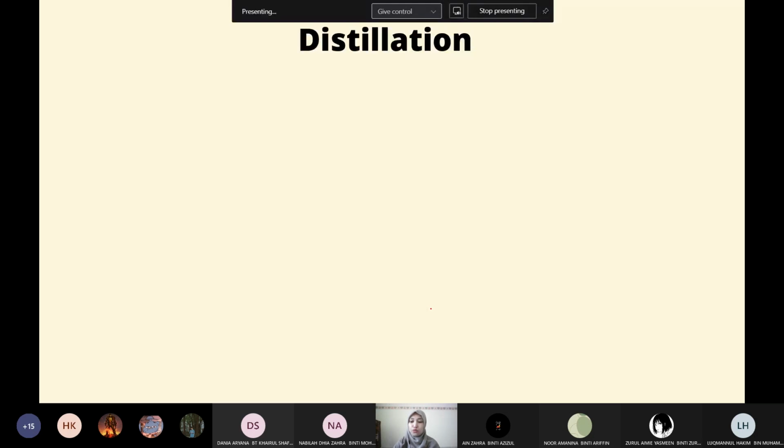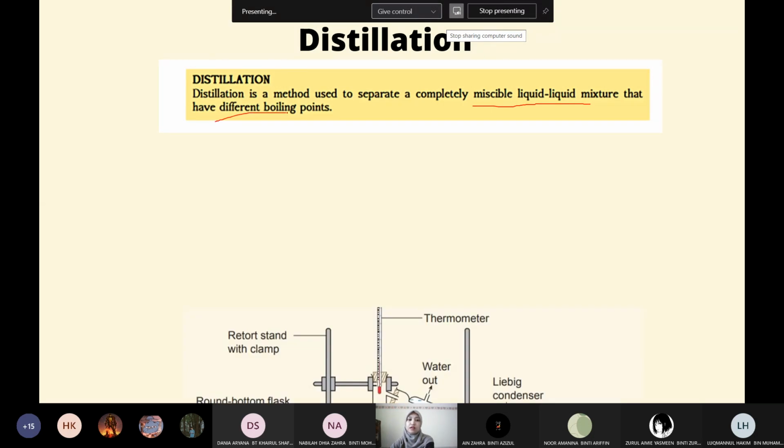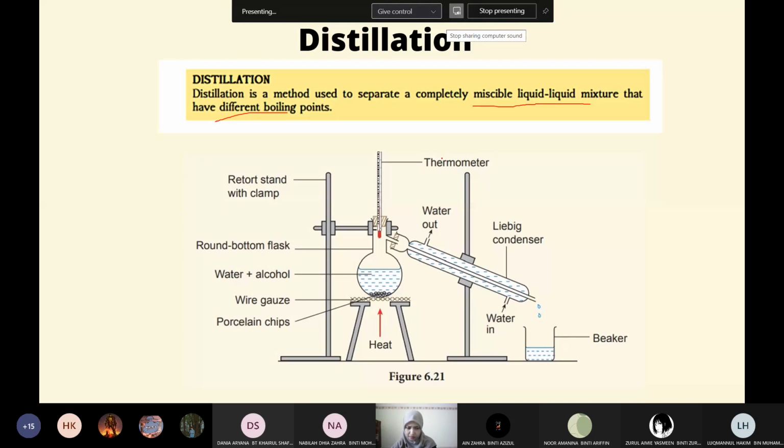Okay, distillation. So what is distillation? Distillation is a method to separate a completely miscible liquid-liquid mixture that have different boiling points. This is the set up apparatus for distillation. We can use this method to separate a miscible liquid mixture, for example a water and alcohol mixture.